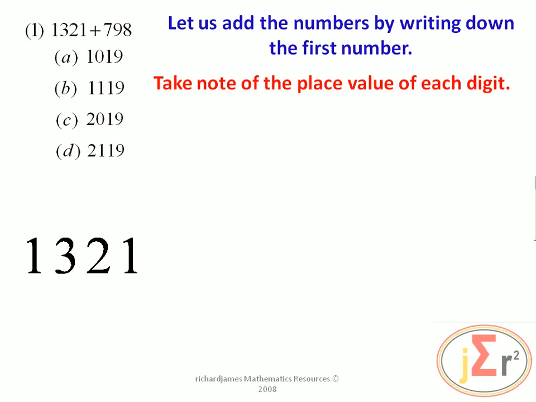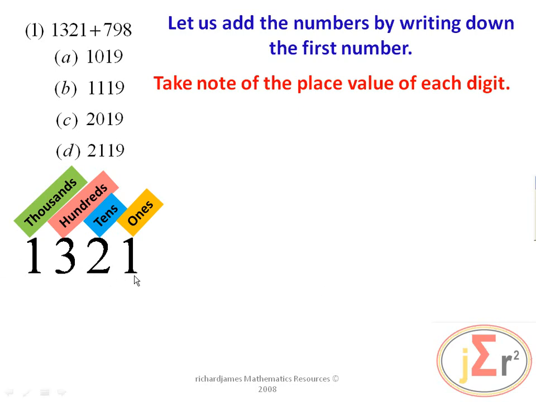But writing down the place values will help us keep in our minds the actual place values of the digits in the numbers that we are adding. To the extreme right, we have our ones digit, then we have the tens digit, hundreds digit, and thousands digit.